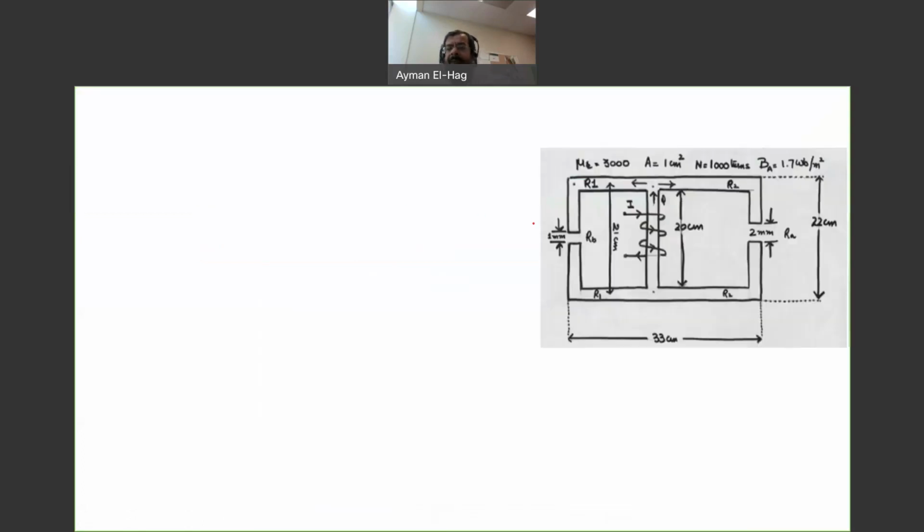In this question, we have three parallel legs, and in the middle we have a number of turns equal to 1000. The current responsible for producing the flux in this magnetic circuit is not known to us. I is unknown, and that is what we want to find.